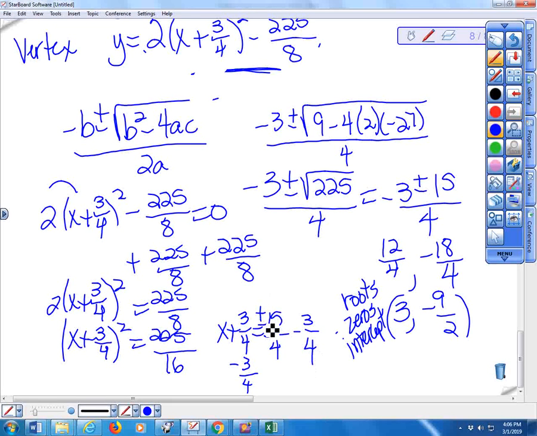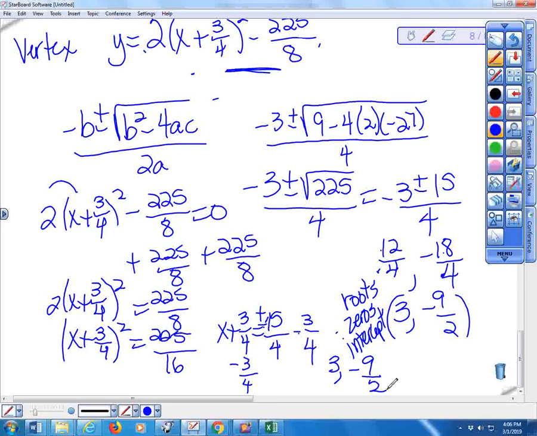Don't forget that. So I have negative 3 plus 15 is 12/4. I have negative 3 minus 15 is negative 18/4. So I get the exact same. My roots are 3 and negative 9 halves. I got the exact same roots all 3 ways. So that's a good way to check your math. You should get the exact same roots all 3 ways.